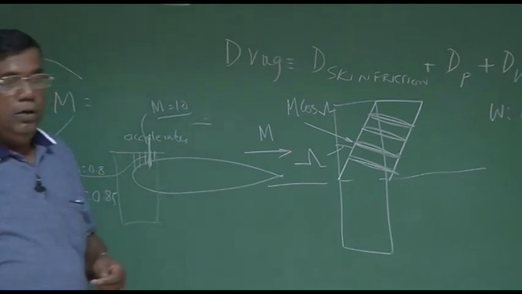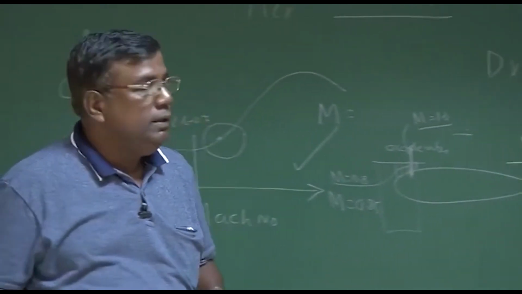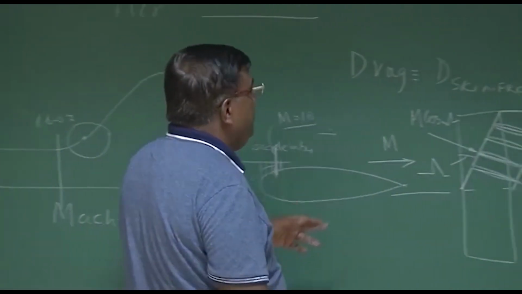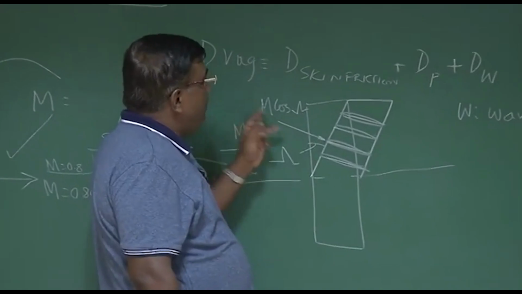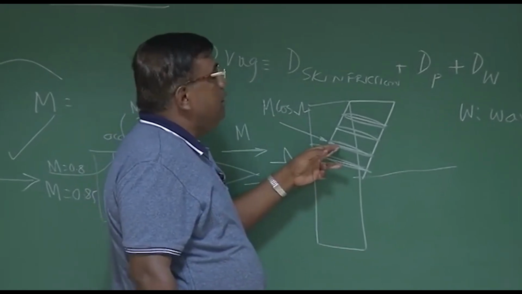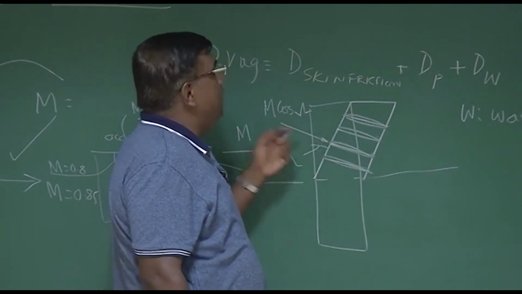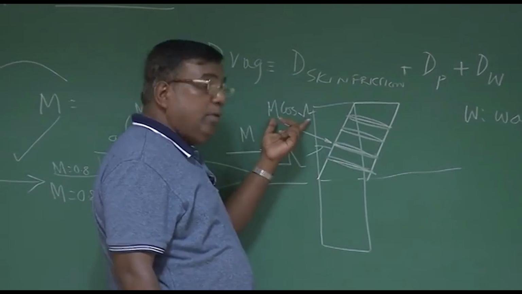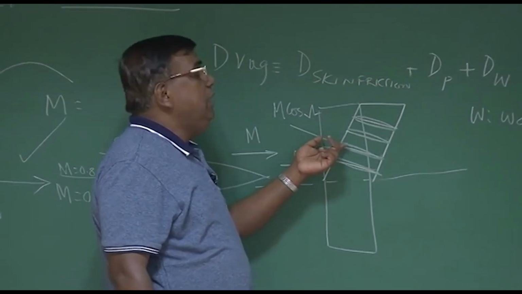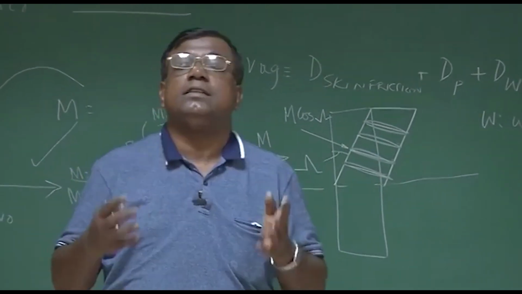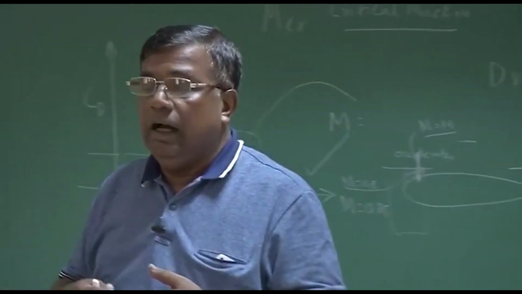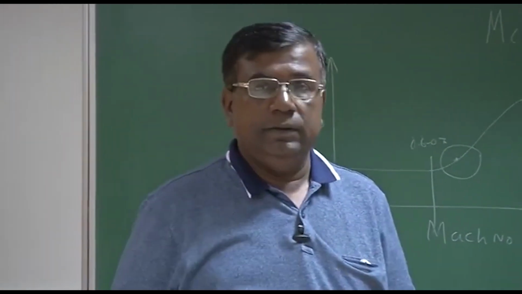But as I have told you, nothing comes free. The moment I give a sweep, since the normal component to the aerofoil is less than free stream Mach number because it is M cos lambda, the lifting characteristics of the lift now generated will also reduce.